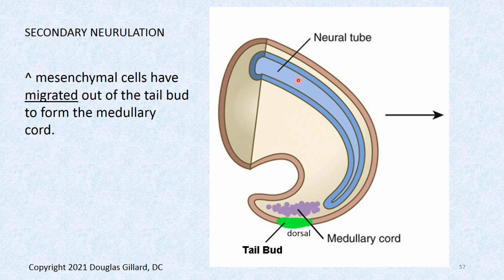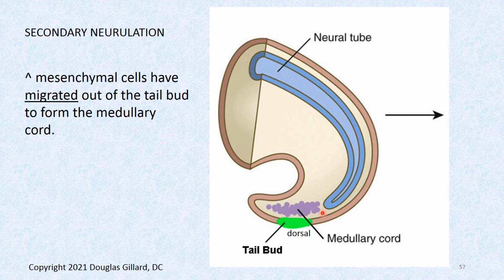So here's the neural tube that we just built, but it's incomplete because the sacrum and the coccyx don't have one yet. So the tail bud formed here after the primitive streak disappeared, and cells swam out. You can draw some cells swimming out, and they went through epithelial to mesenchymal transformation, and they're forming a new tissue here. And that's called the medullary cord.